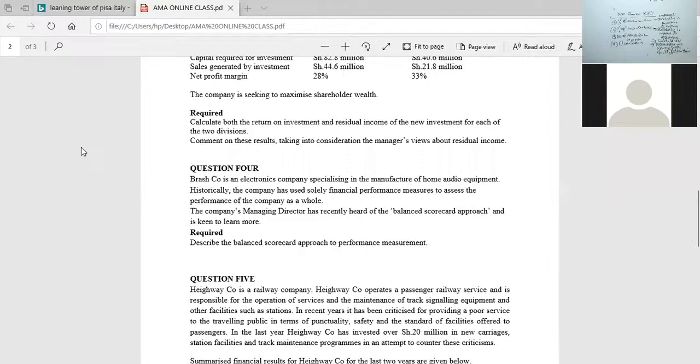It's question 4, which is displayed on the screen.